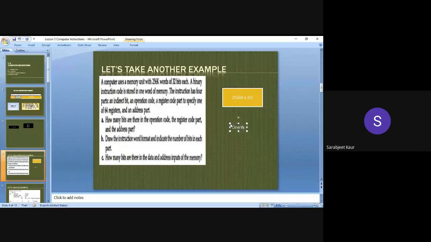So one word is equal to 32 bits. So what would be the length of the instruction? 32 bits.